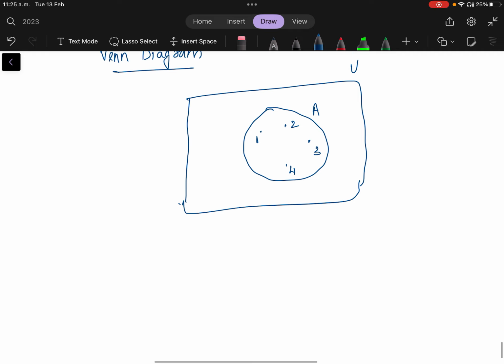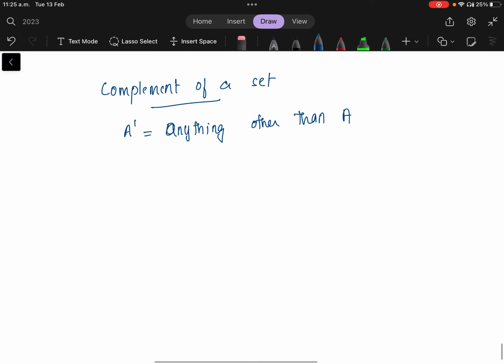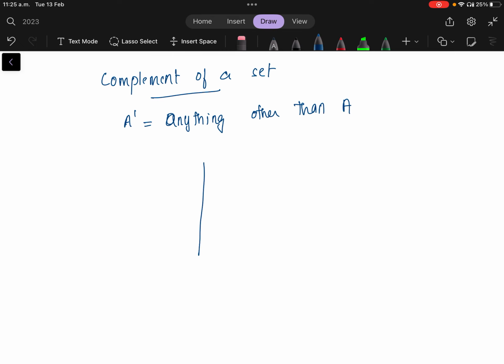Now there is a concept of complement of a set. A complement means anything other than A. If you remember these keywords, then you will be able to write down the complement very easily.